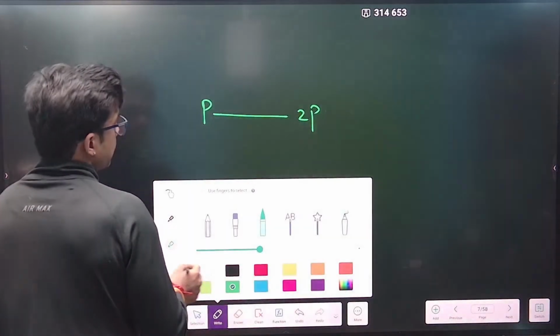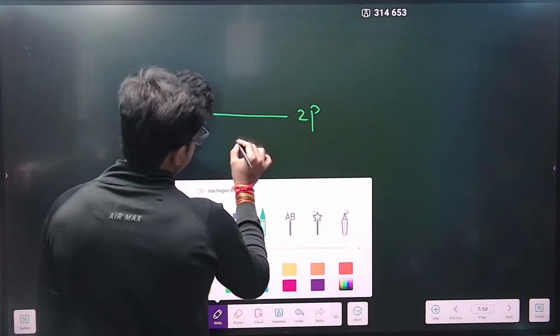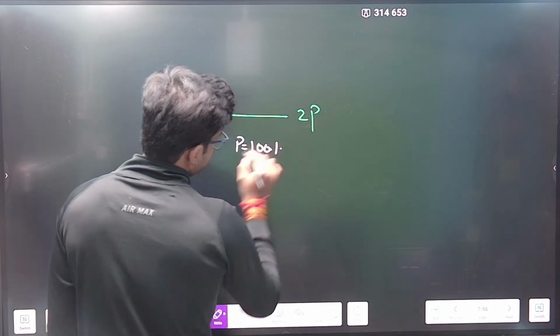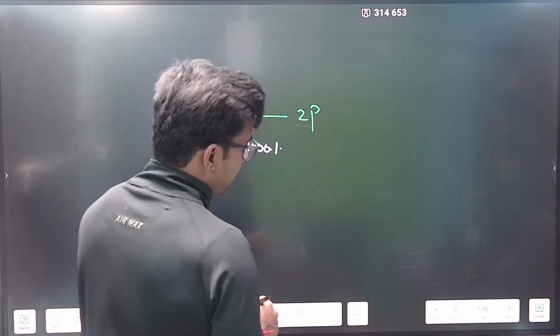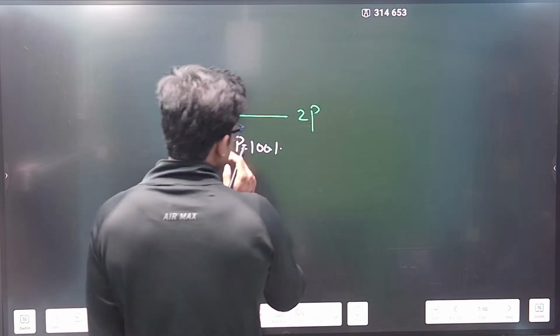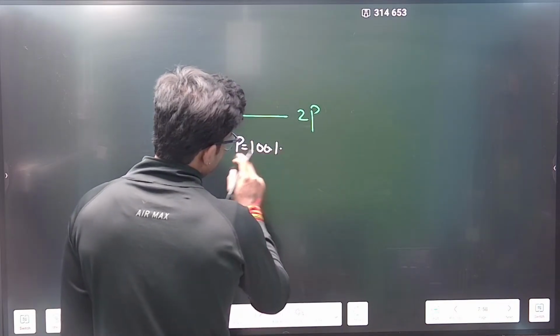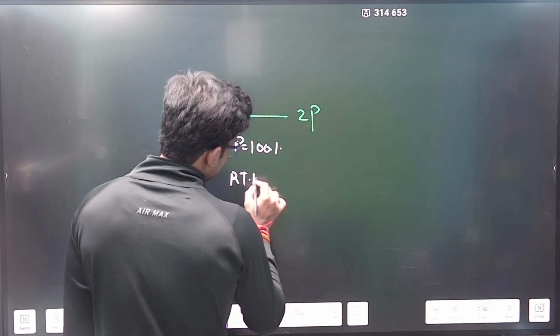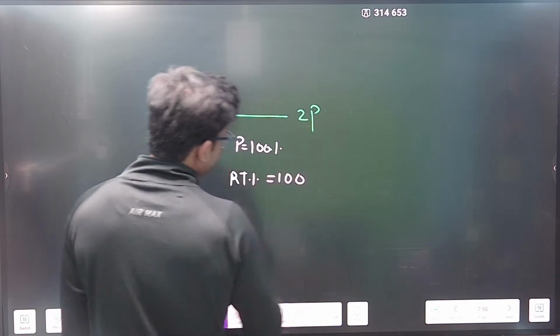See, there's a change of P, which is 100%. So the change is 100%. Going from P to 2P, there's a change of RT%. So RT percent is 100.